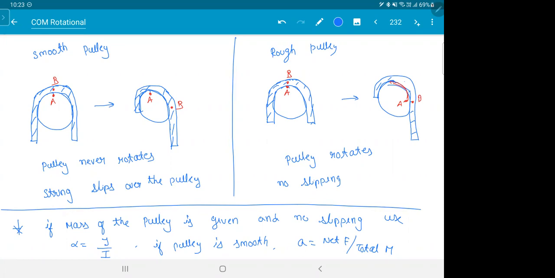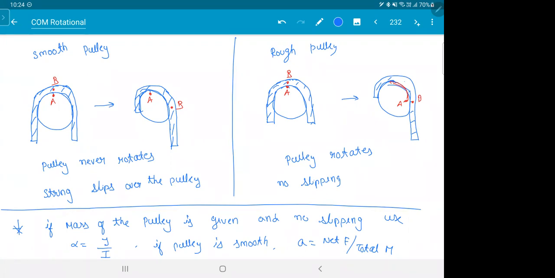Smooth pulleys don't exist. Clear? Turn the page.